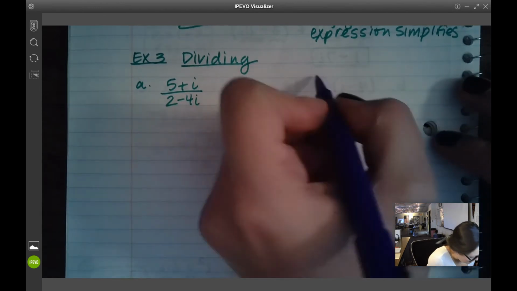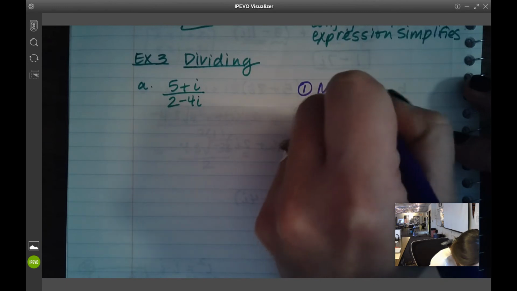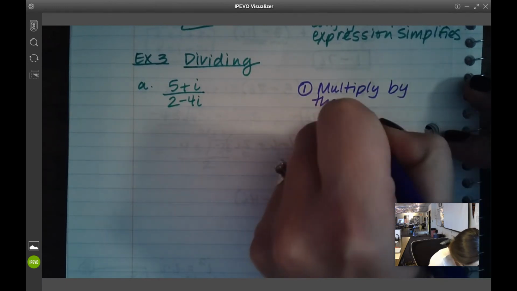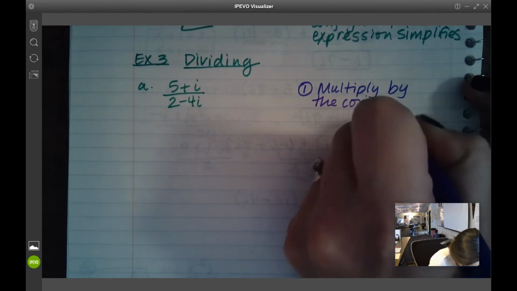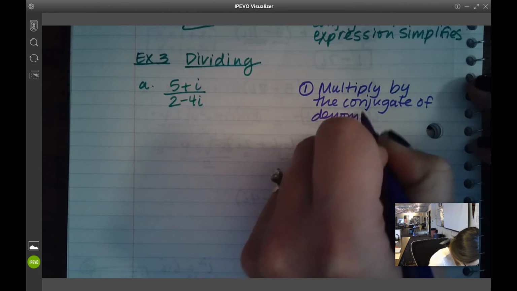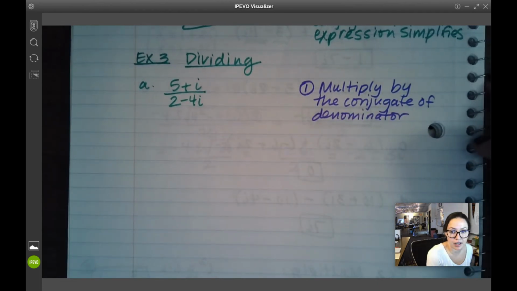So step 1 is to multiply by the conjugate of the denominator. Multiply by the conjugate of the denominator.